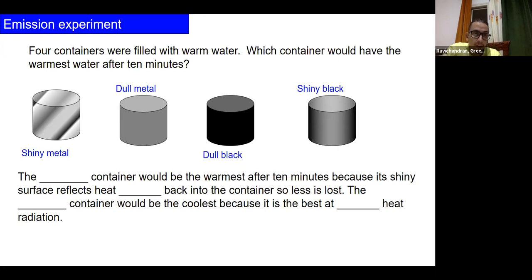This is one example. To study emission, we have 4 containers. I can draw this one here. In each one we have warm water. Which container would have the warmest water after 10 minutes?